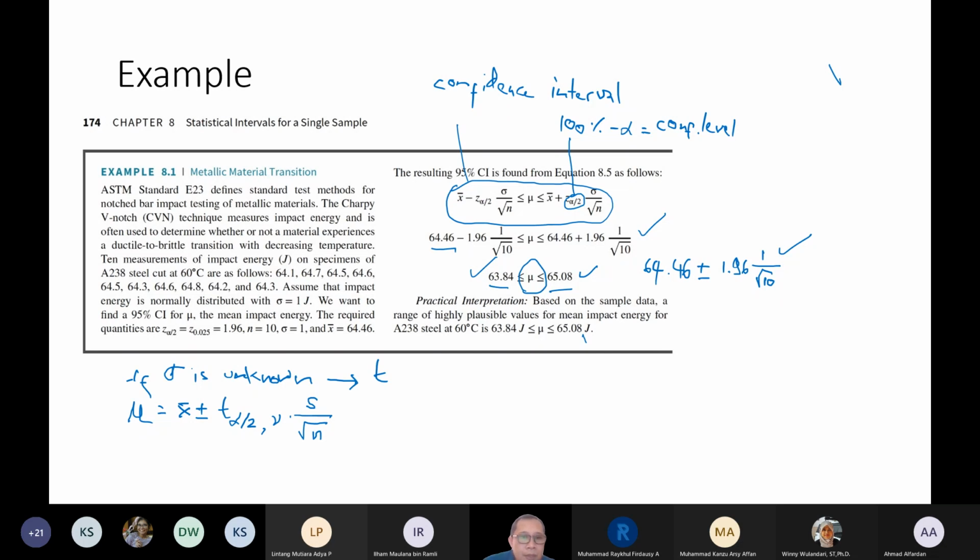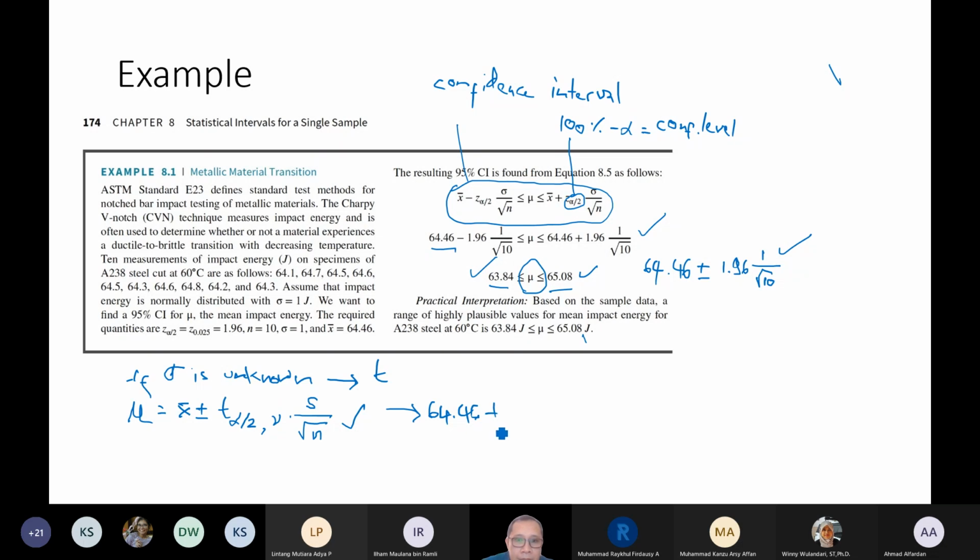Try to do this calculation manually. You can use the t table. The t table is already uploaded in EduNext, or you can use the one available in your textbook as well. The x bar is of course still 64.46.